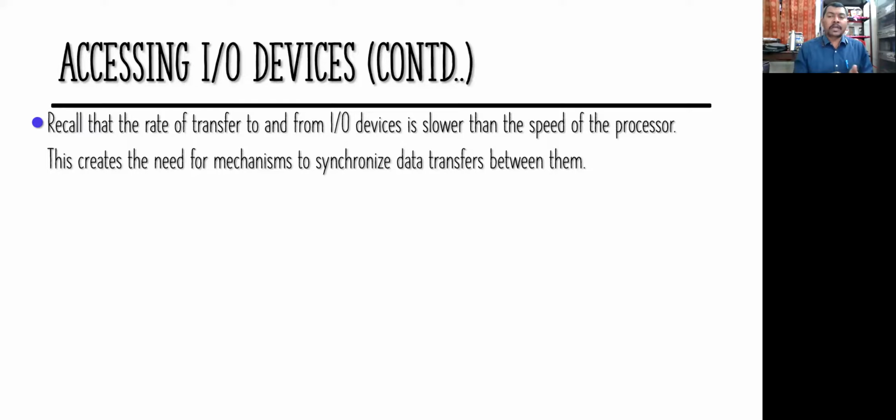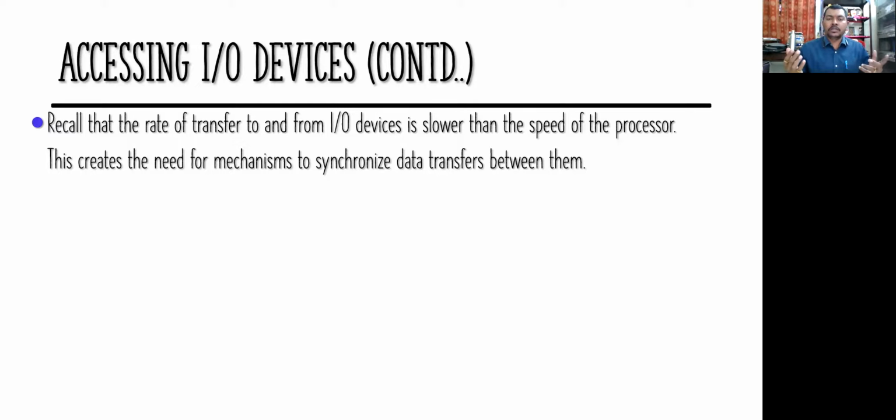One more important parameter is that the rate of transfer of data from the input output devices must be slower than the speed of the processor. This is very important. For example, if I try to teach you at a very high speed, and just go on reading the points, what happens? You won't be able to understand.